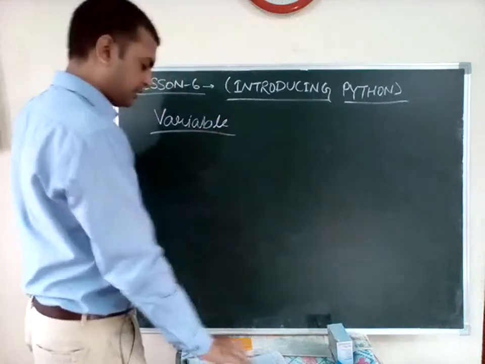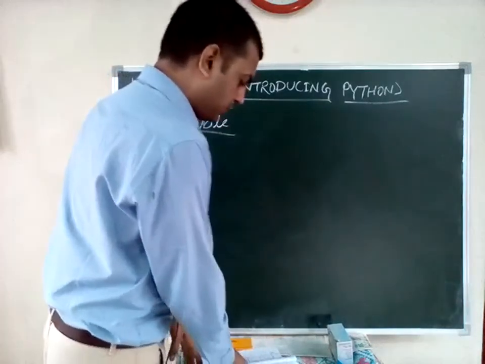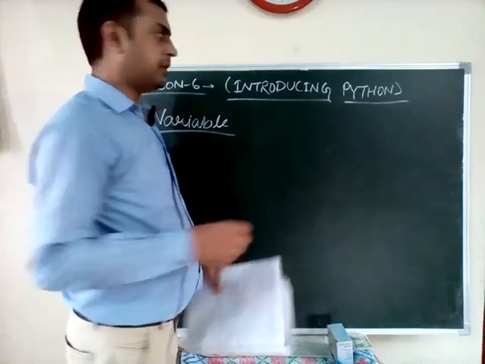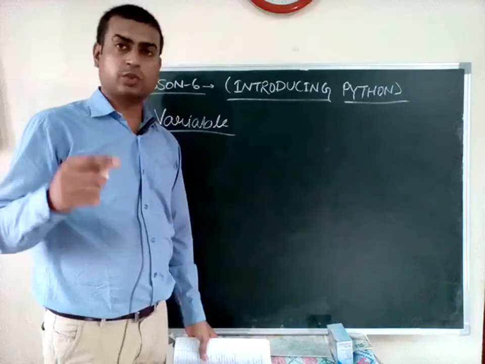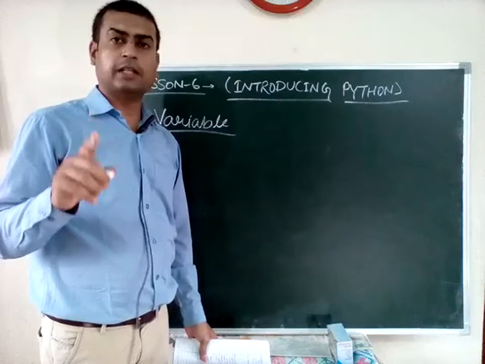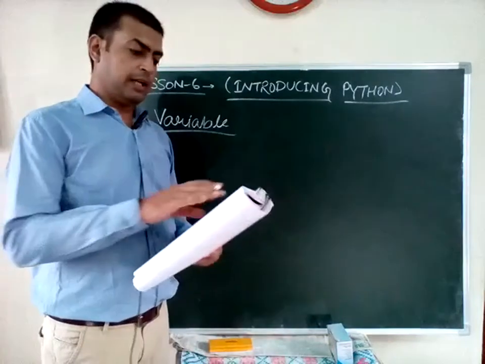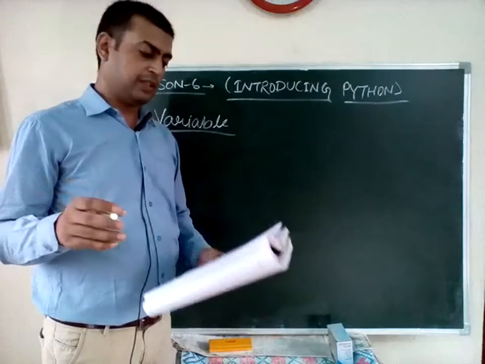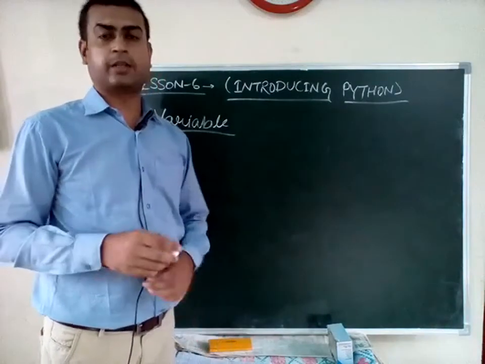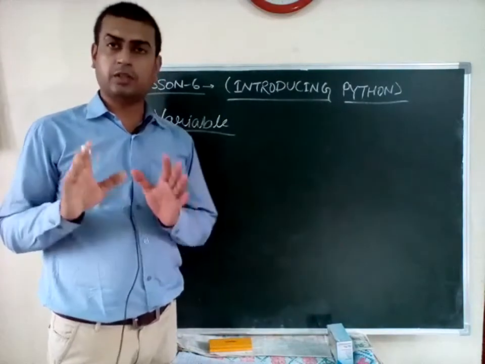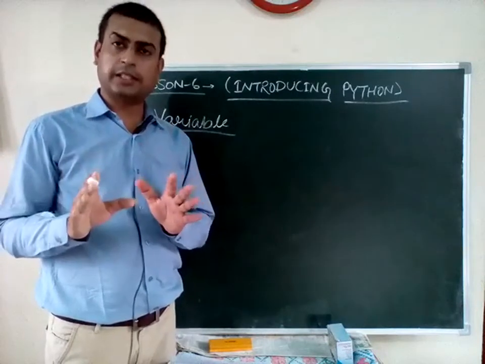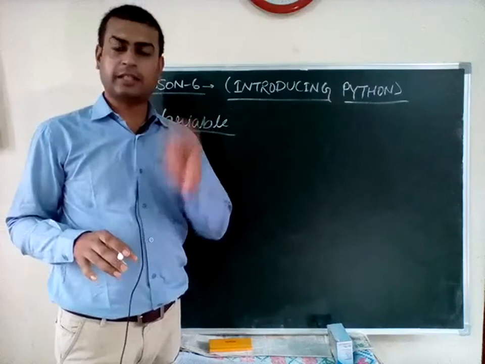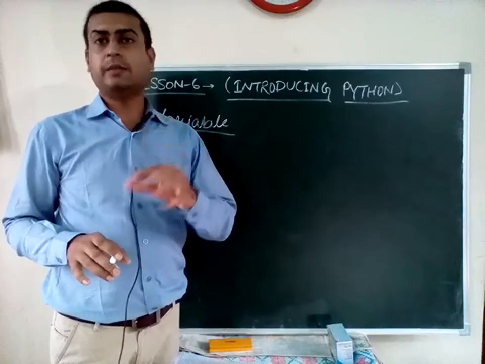Basically, a variable can store only one data value at a time. This you have to remember. When a new value arrives in a variable, its previous value gets overwritten. Means a variable will store only one value at a time, and if any other value comes to that particular variable, then that value will be overwritten.